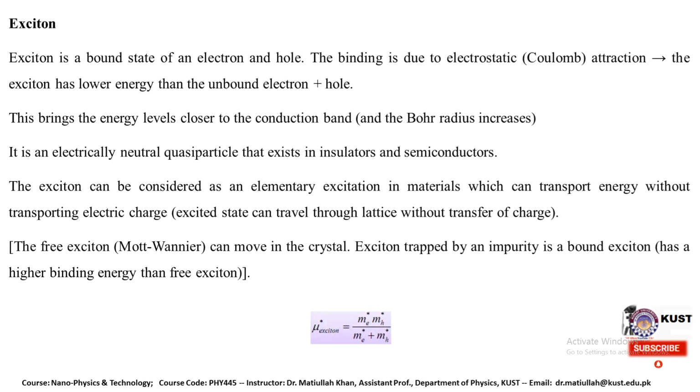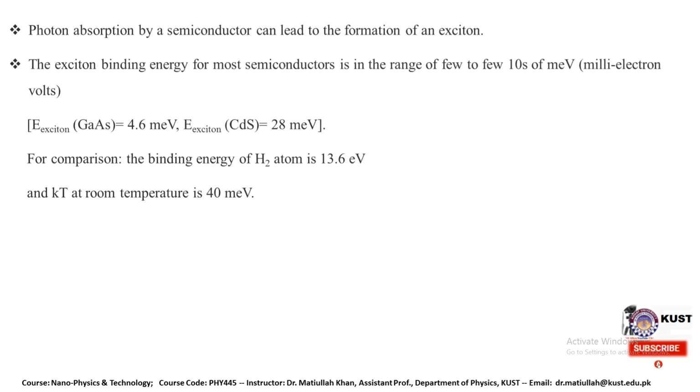So here we can find the effective or reduced mass of the exciton, which is equal to Me Mh divided by Me plus Mh, where Me and Mh are the masses of the electron and hole respectively.